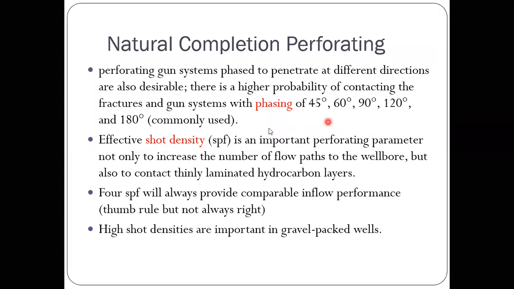The commonly used guns have different phasings like 45 degree, 60 degree, 90 degree, 120 degree and 180 degree. And effective shot density is also an important perforating parameter, not only to increase the number of flow paths to the wellbore, but also to contact thinly laminated hydrocarbon layers.